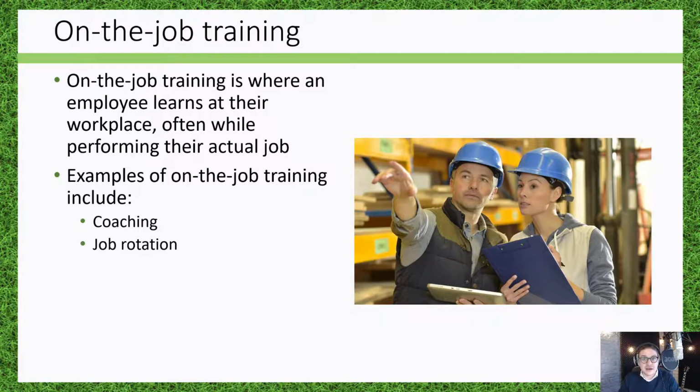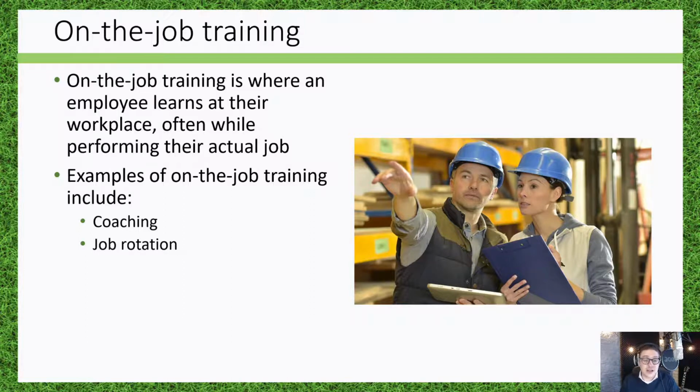Certainly in a trade environment, in one of the trade industries, this is a very common strategy of training. The entire apprenticeship program or internship program is built on this model of experienced workers within the industry coaching and mentoring less experienced workers within the same industry.